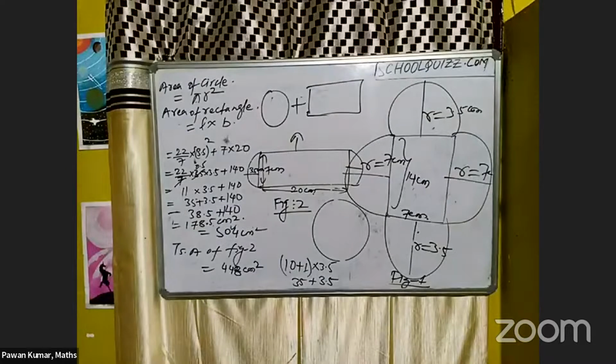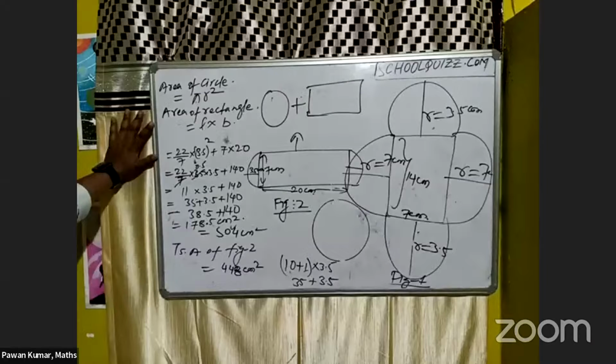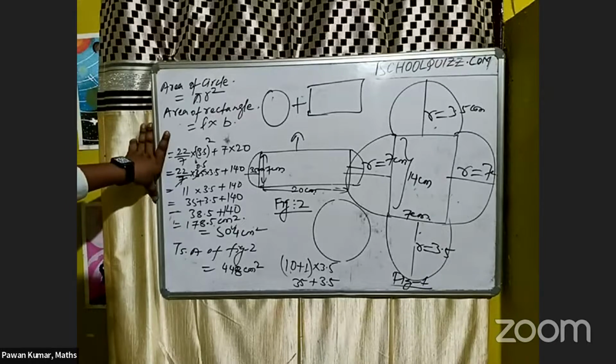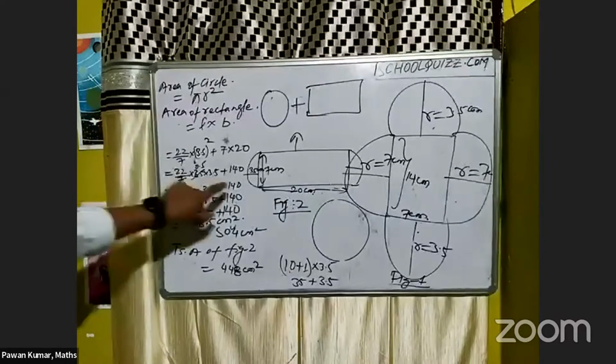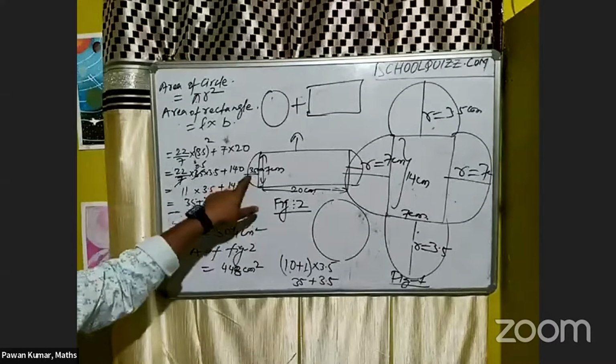So Palak, did you understand where you made the mistake? No, sir. See what you have done, how you got your answer. Show me. For figure 2, you have done for this or this one? This one, sir, radius is 7 centimeters. The radius is 3.5 centimeter, I mentioned there. So the length will be 7 centimeter.